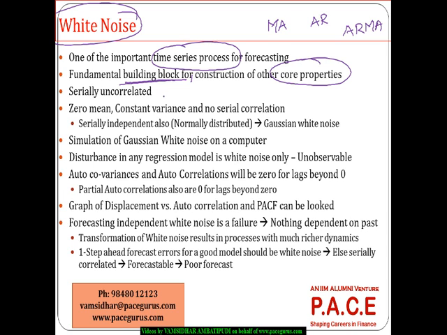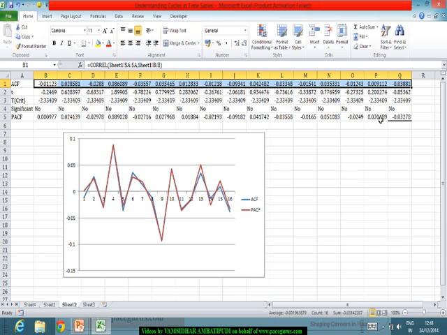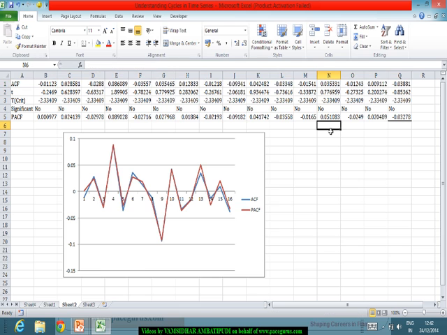Whenever I'm talking about the white noise, we are targeting a serially uncorrelated kind of variable, which we have already tested with our data. The correlation across the different time points is more or less zero. That is the understanding of serially uncorrelated.